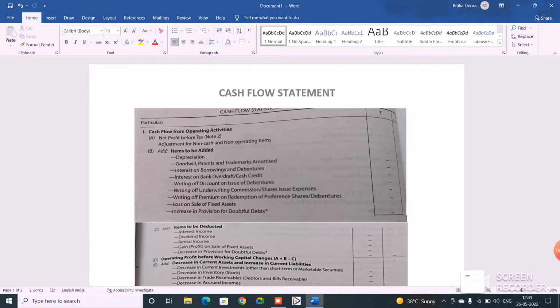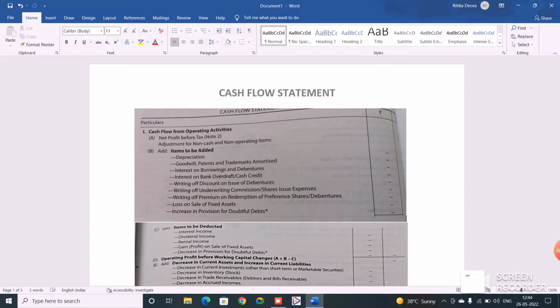For analyzing, we need to categorize and sort the things so that we can understand where the cash is being used and where we are getting the flow of cash from. So for this convenience, we prepare cash flow statement in three divisions. First is cash flow from operating activities, then investing, and then financing. With this, let us now move towards the format of cash flow statement.